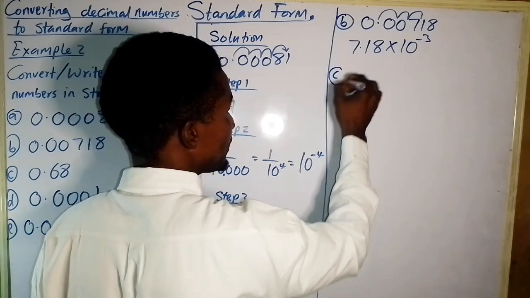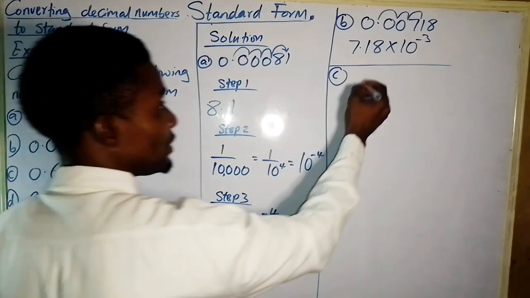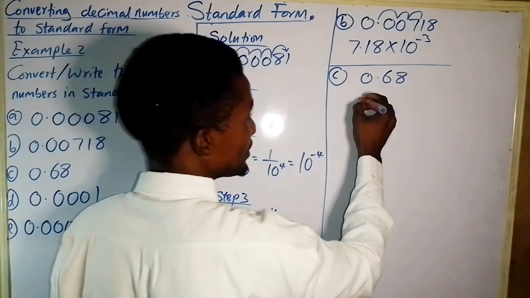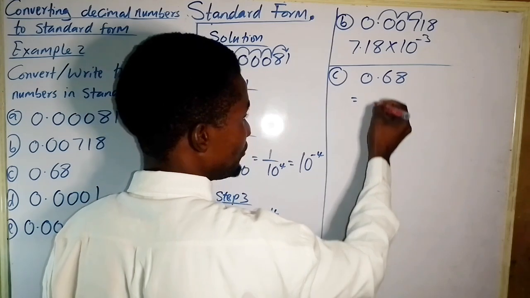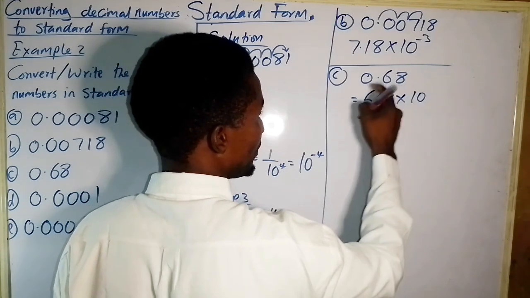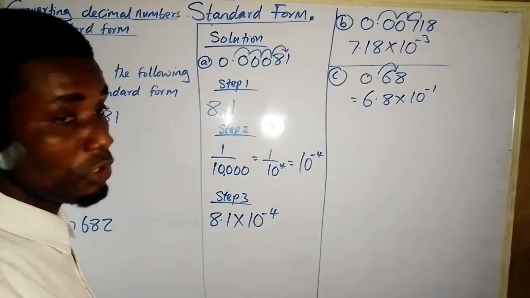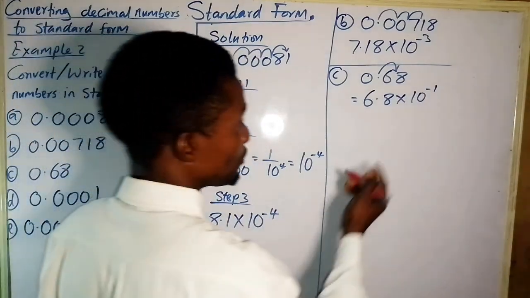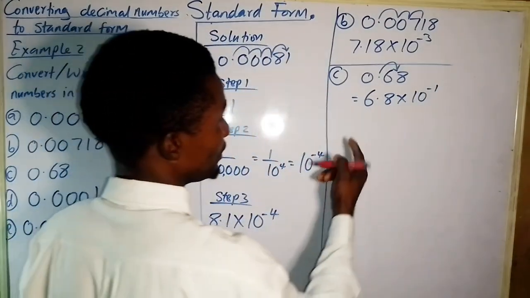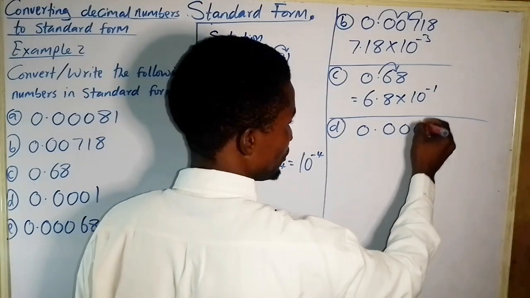The C question is 0.68. Now, 0.68 will be written as 6.8 times 10 raised to power minus 1, because we just move our decimal point by 1. So that is 1 over 10. Our D says 0.0001.